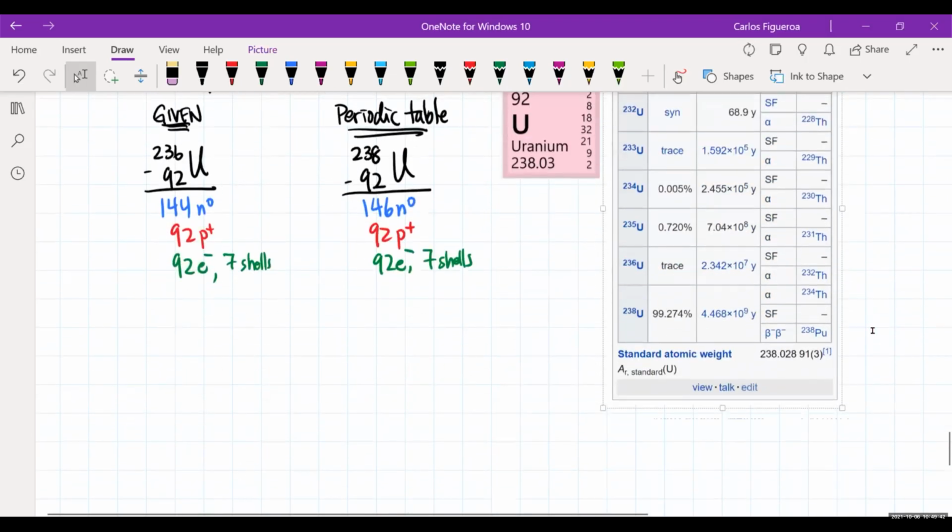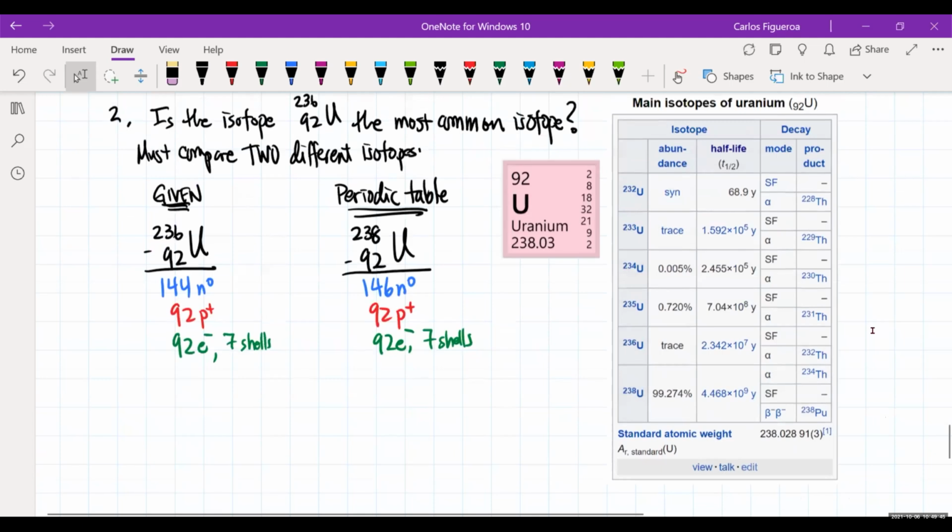When you look at this guy, look at the numbers. 236, this is 236. This is extremely rare. 238 is the most common isotope. So this guy here is the most common, and it's the one listed on the periodic table.